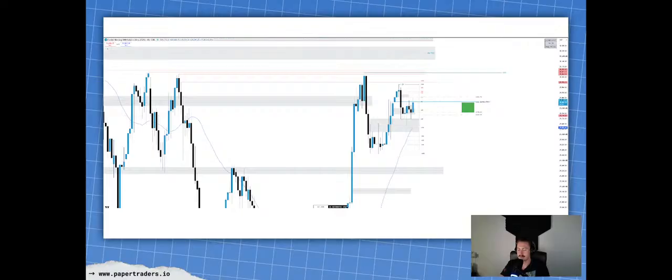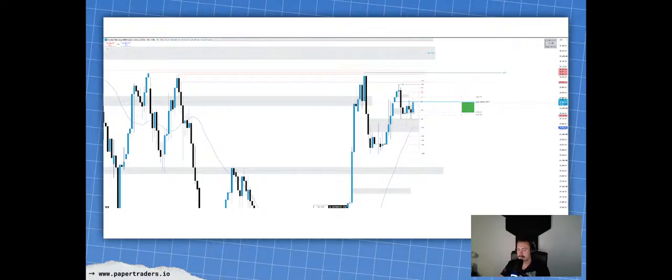So if price cannot get through that, then we are still looking at consolidation, and not going to be playing into the outside day idea.